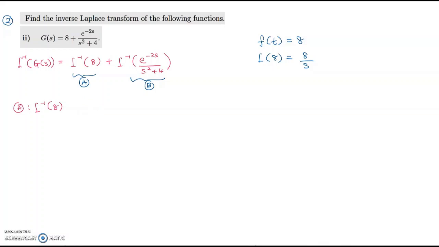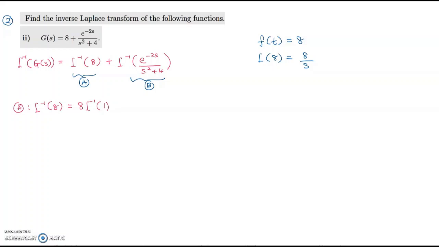If we take the linearity property, we take out 8, because normally if we have 8 times something, we take out the 8. So we do the same thing here. This can be seen as 8 times the inverse of, what's inside now is 1, not 0. So this is 1.